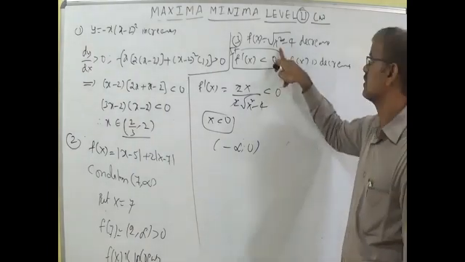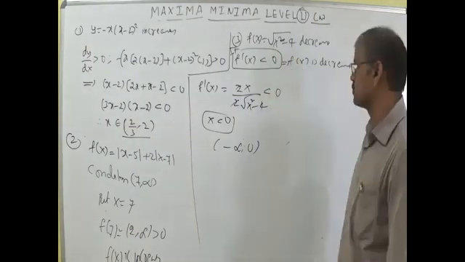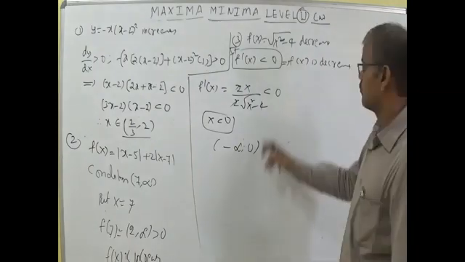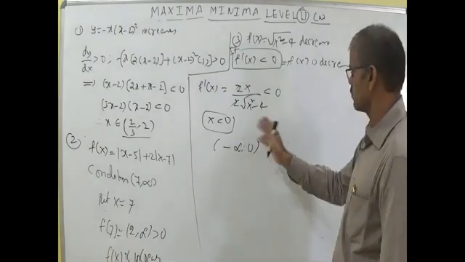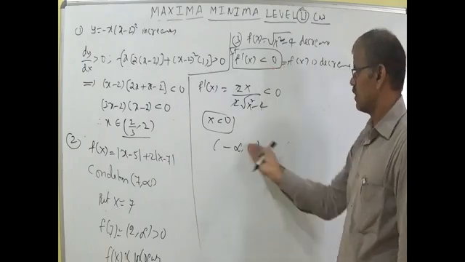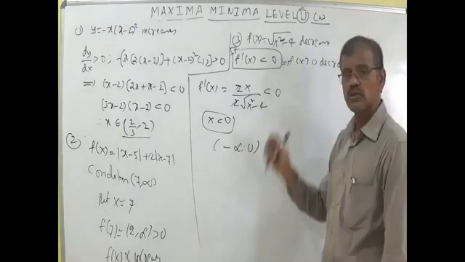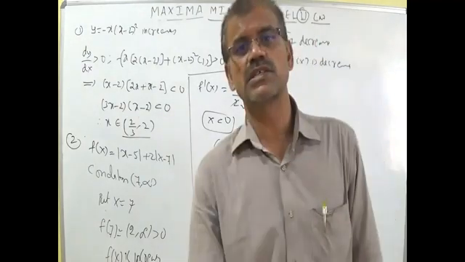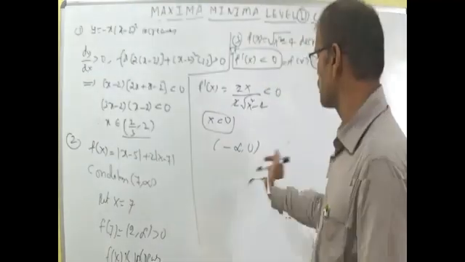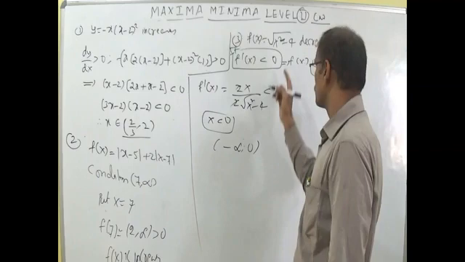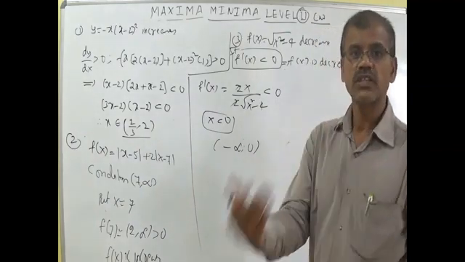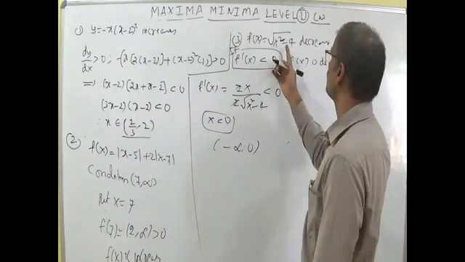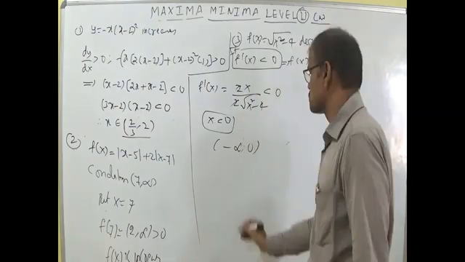If you put 0 here, 0 minus 4 is negative, it is not at all real. If you put minus 1, minus 1 whole square becomes 1, 1 minus 4 is negative. So if you take a value more than minus 2, you will not get a proper answer.